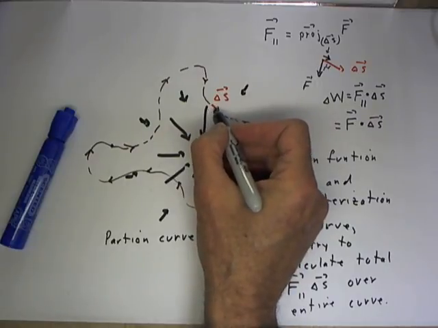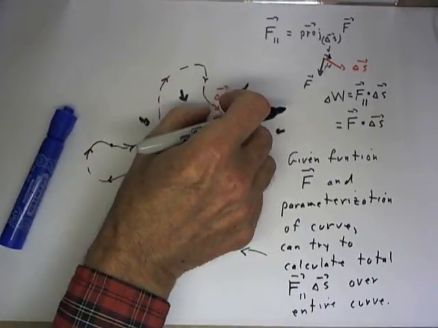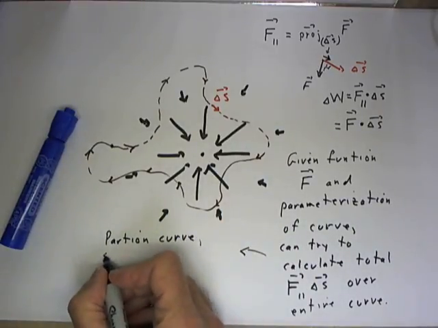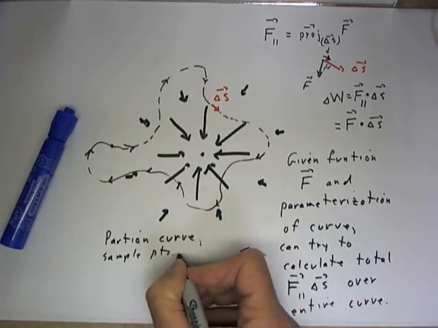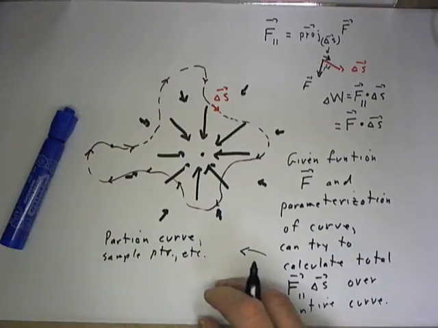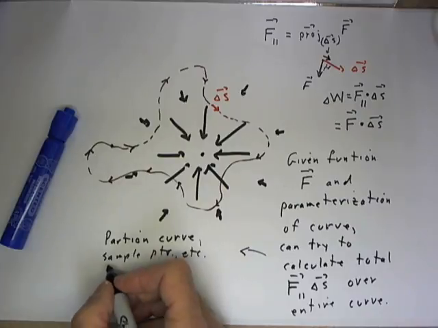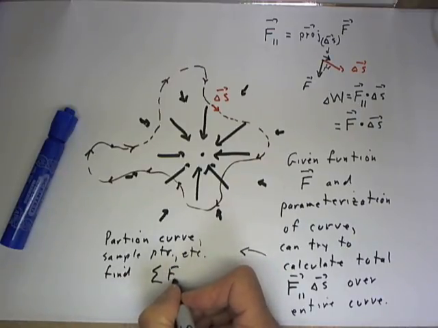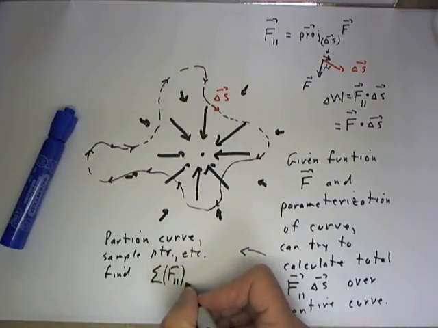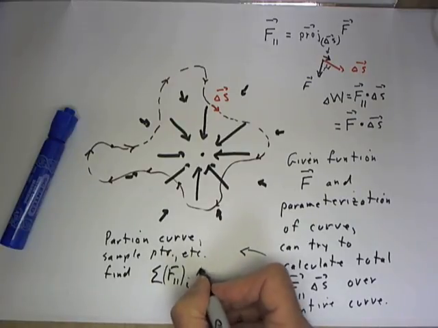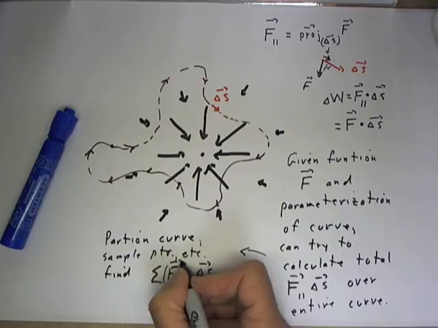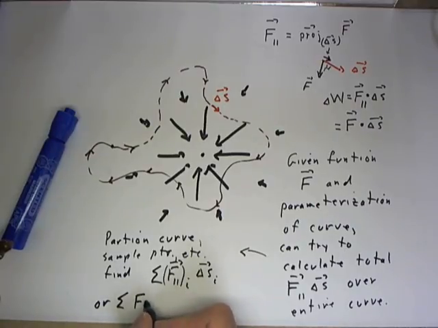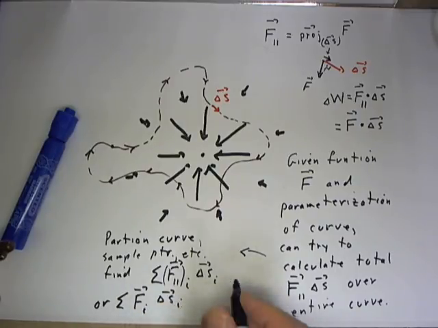For each piece, the direction is not going to change very much, and we're going to have some length, maybe a fixed length along the curve, maybe a fixed interval of our parameter, with sample points, etc. In other words, we're going to get something that leads us to an integral, and find the expression for the sum of F parallel sub i times our delta S sub i, or a sum of F sub i delta S sub i. Now this is vague.